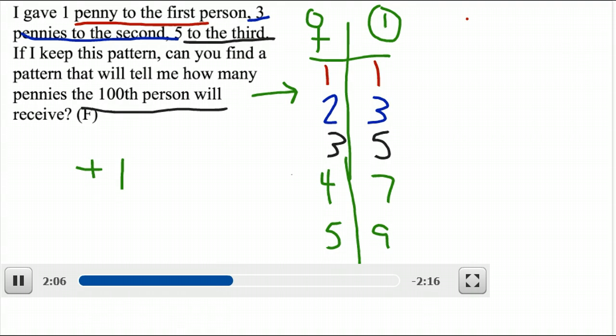If we look at this side over here, it's going up by 2 every time.